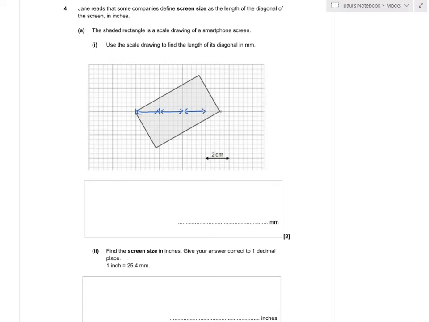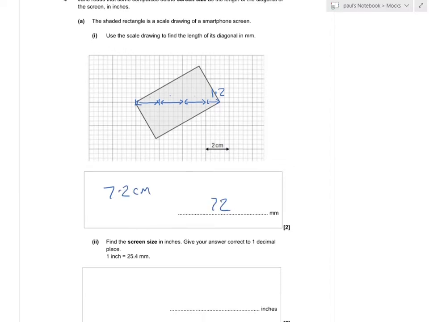No, it's 4, 8, 12, so that bit is 1.2. So we've got 7.2 centimeters, which is 72 millimeters.